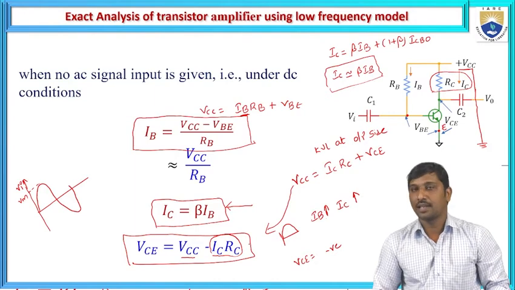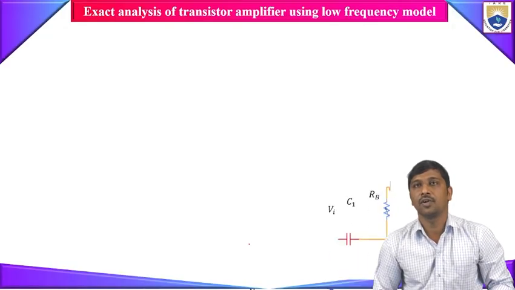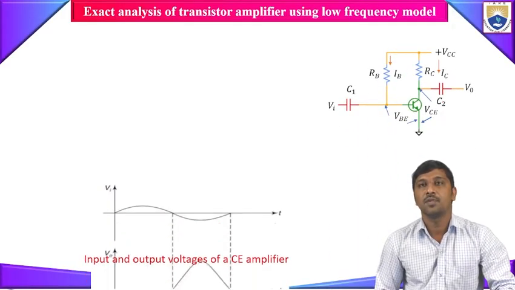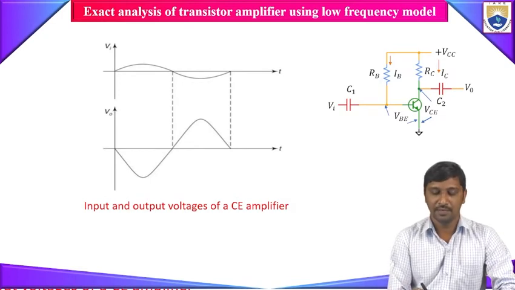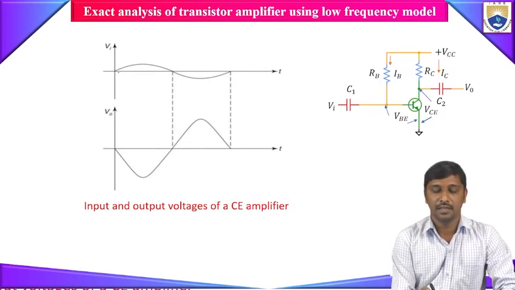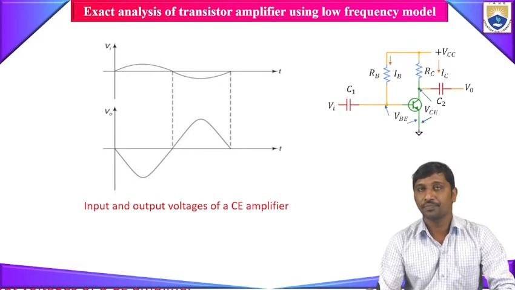So from that analysis, here I drew the response of the common emitter amplifier, and I considered this as the input signal Vi. During the positive portion, what we observed here is that the voltage drop across the collector resistance increases.